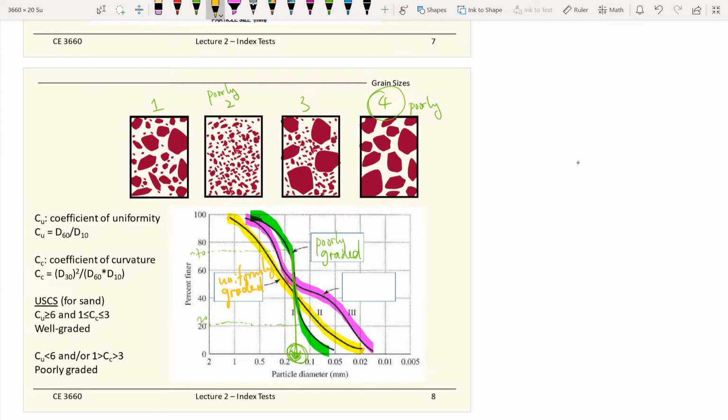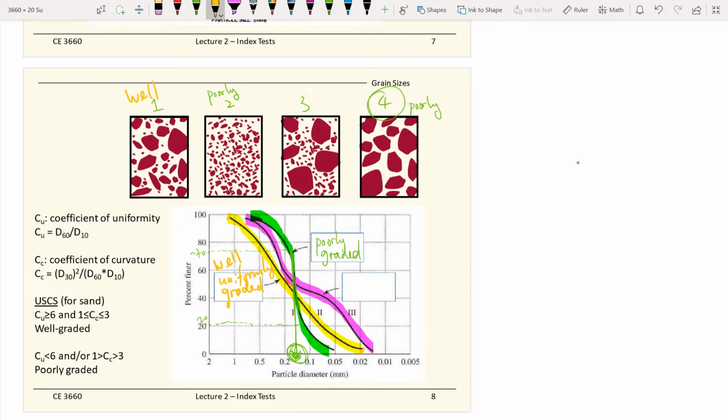Some people call it uniform graded. Some people call this well graded. So well graded or uniform graded. If you look at these four pictures, perhaps this one is well graded. It looks like it is, but it's arguable.